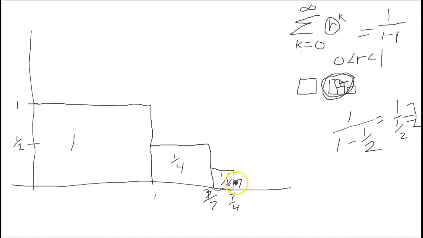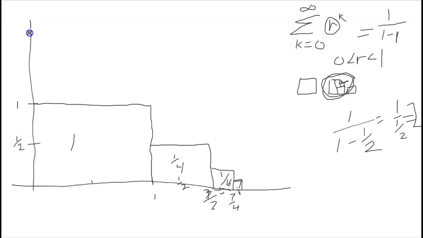The question becomes, how do we figure out the total area underneath? How do we figure out that total width if we want to add 1 to 1/2 to 1/4, right? We can add up those lengths as well. We should be able to add up those lengths to something, and hopefully we can add up the areas also.